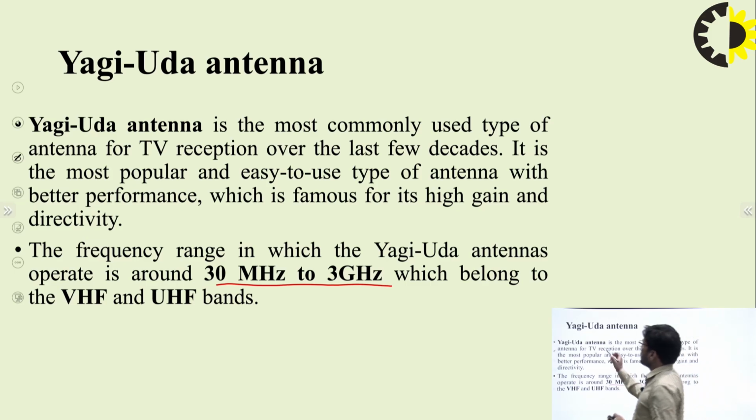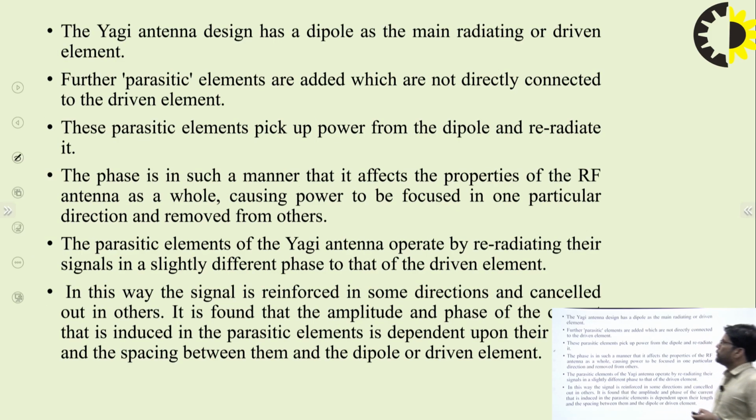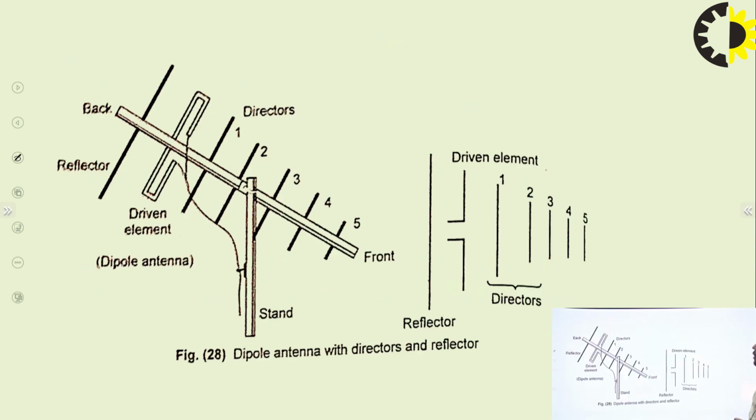As the name suggests, the Yagi-Uda antenna is a very famous kind of antenna. First you need to look at what kind of structure it has. This is a Yagi-Uda antenna. It has mainly three elements. The first one is the main element.